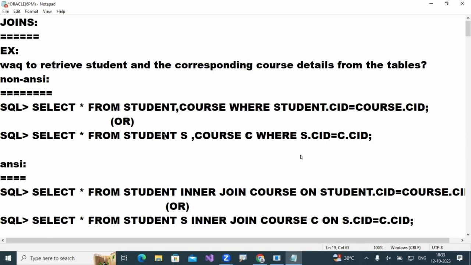But cross join is the one and only join where tables can be joined without any condition. At the implementation level, the user does not need to prepare any condition. If anybody asks whether you can join tables without a condition, yes, sir, it's possible with the help of cross join.